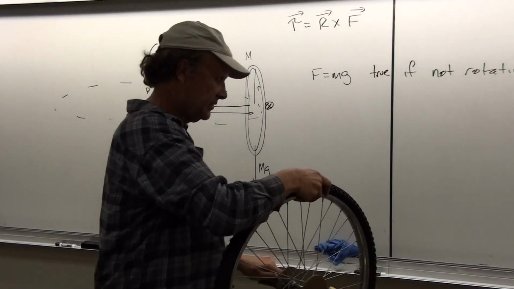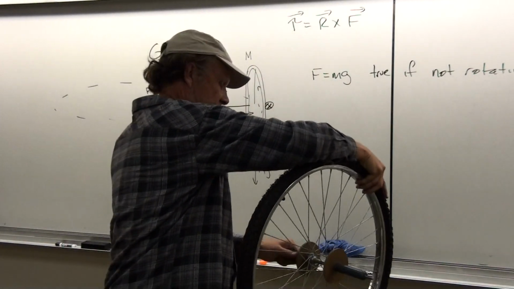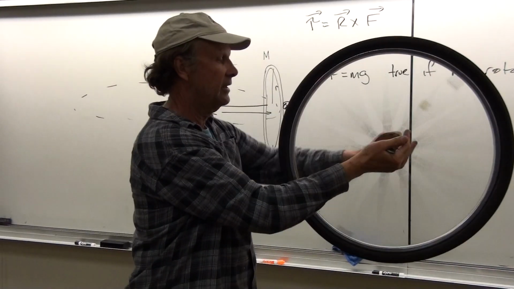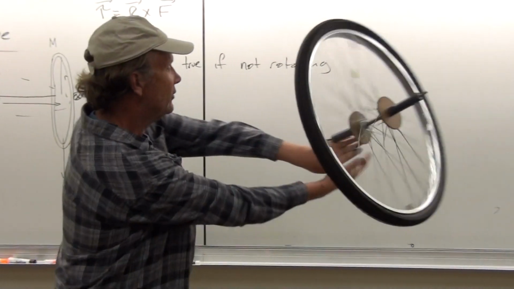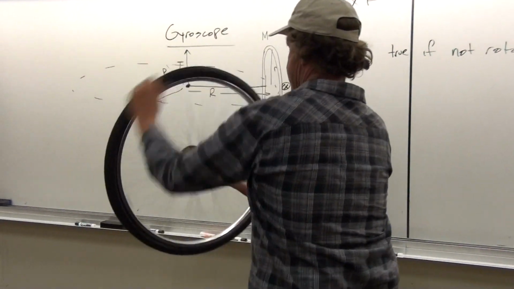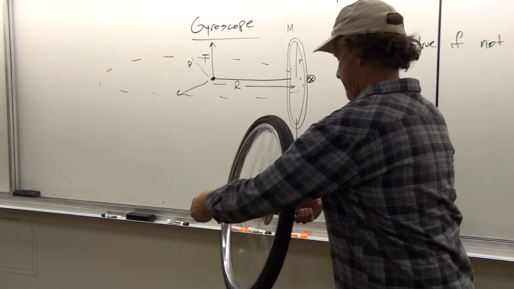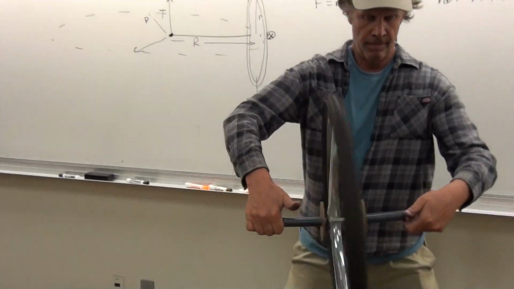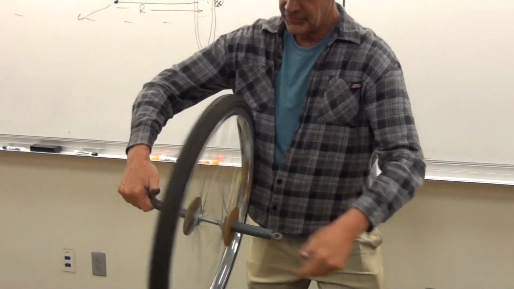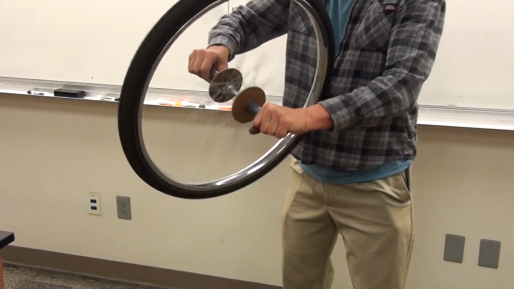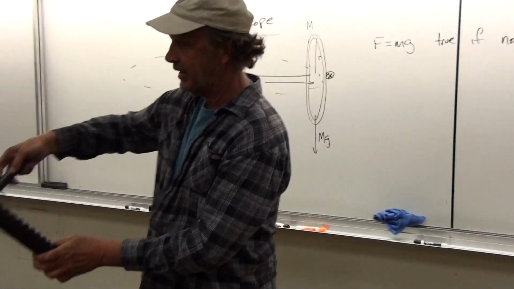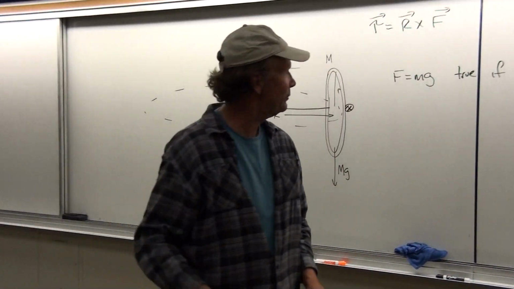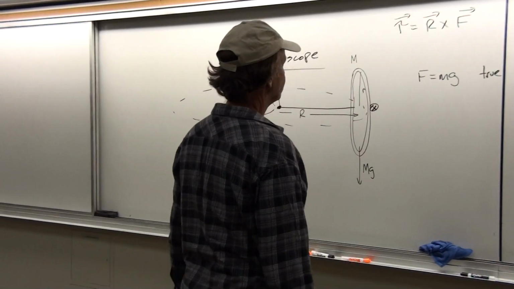But what happens instead is that when we spin this thing, then we're essentially defying gravity. So it wants to turn around like this rather than fall straight down like that. So what we're going to try to do is explain why that happens.